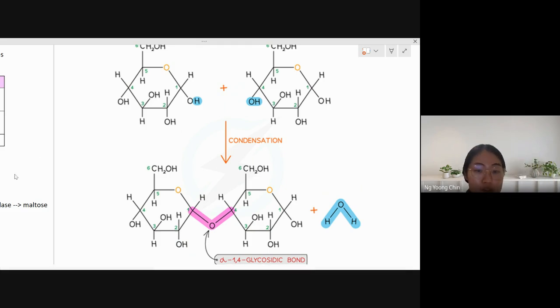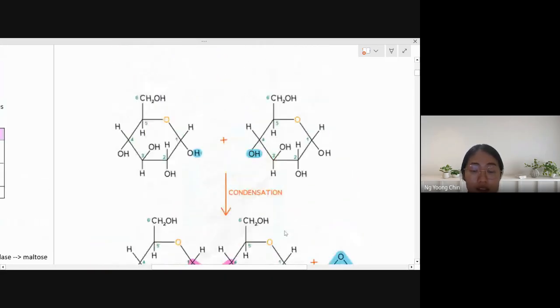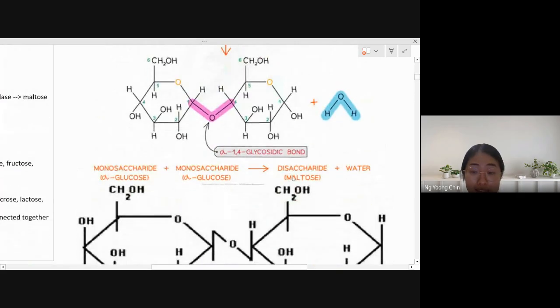If you want to convert this disaccharide, which is maltose, back to monosaccharides, it can be done. The process we call hydrolysis. Hydrolysis involves the conversion of a disaccharide into two separate monosaccharides.